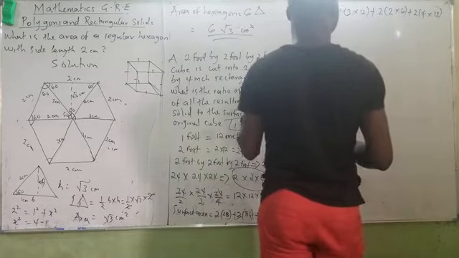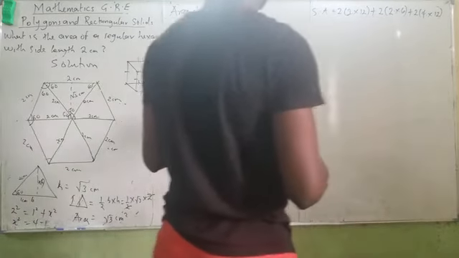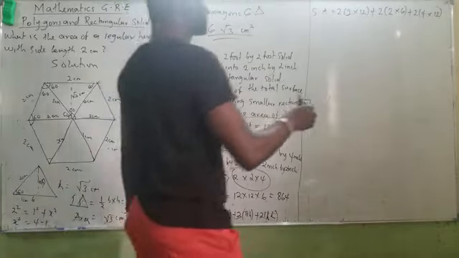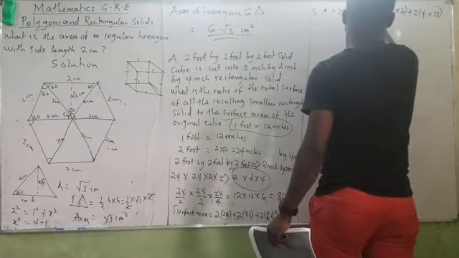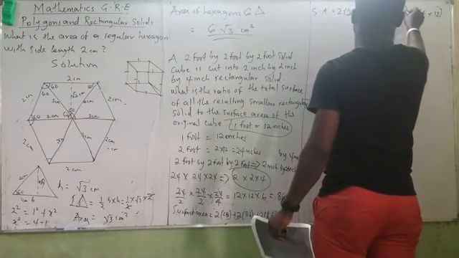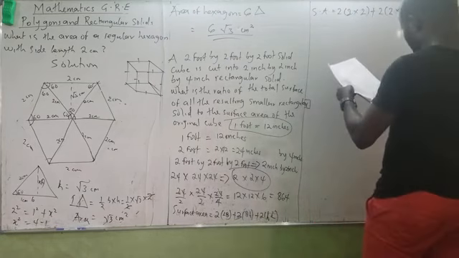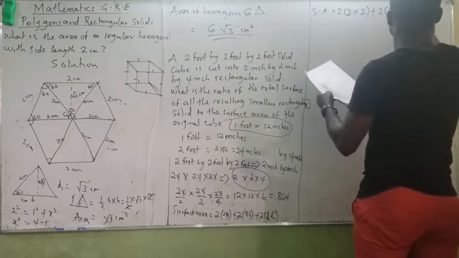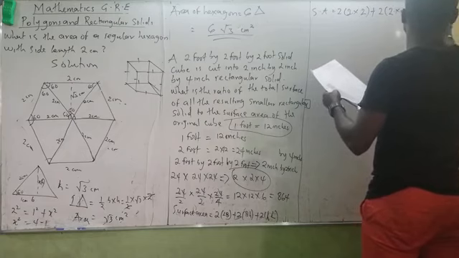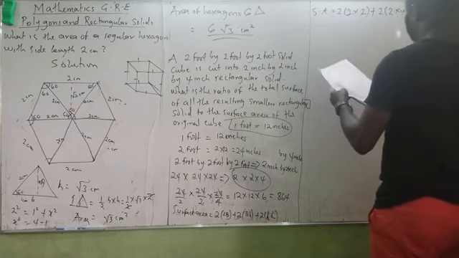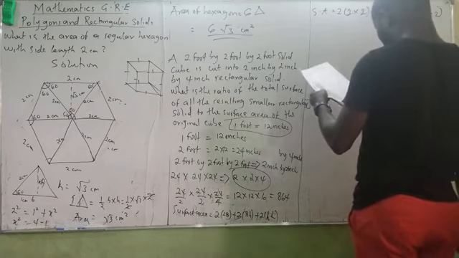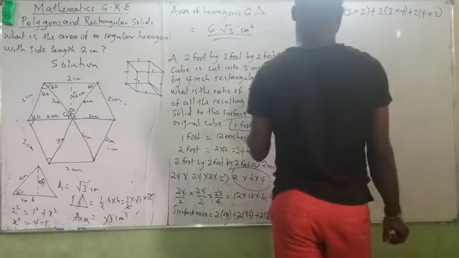Okay. 12 times. I think this is going to be 2. This is going to be 2. And here will be 4, and here will be 2. That is what we are talking about. Yes, it's perfect now.